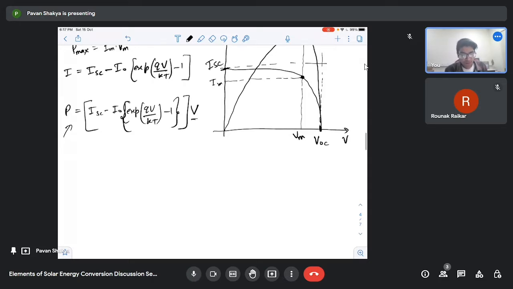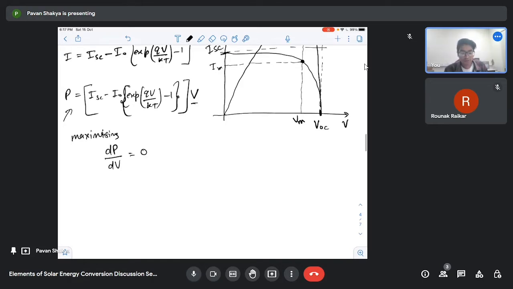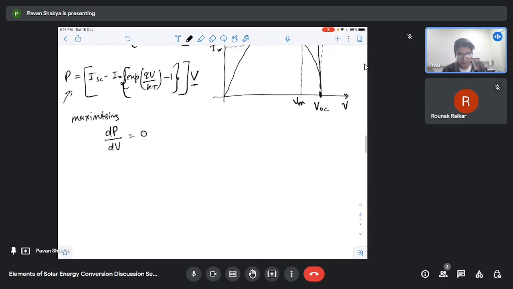Okay, so if we try to maximize this power, then we can say that dP divided by dV should be 0. Okay, so now if we differentiate this above formula, then we can write dP by dV is equal to d by dV.